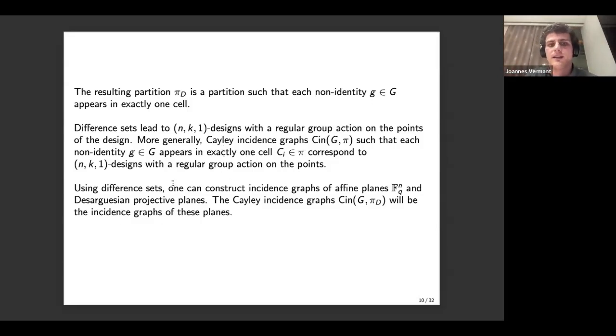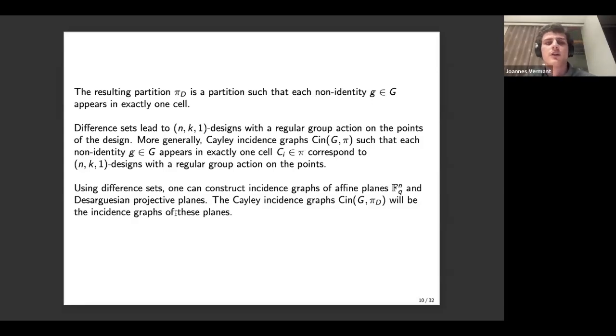And using these difference sets, one can construct incidence graphs of affine planes and Desarguesian projective planes. The Cayley incidence graphs will then be the incidence graphs of these planes.